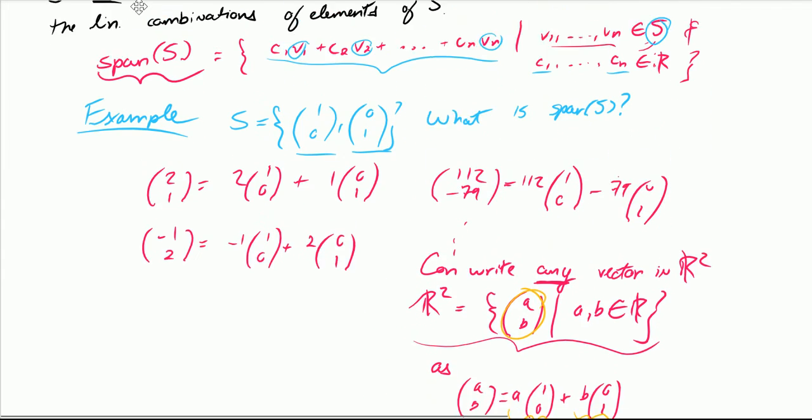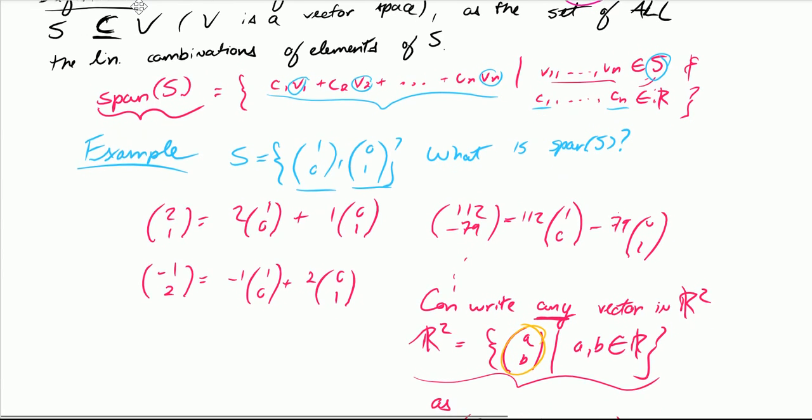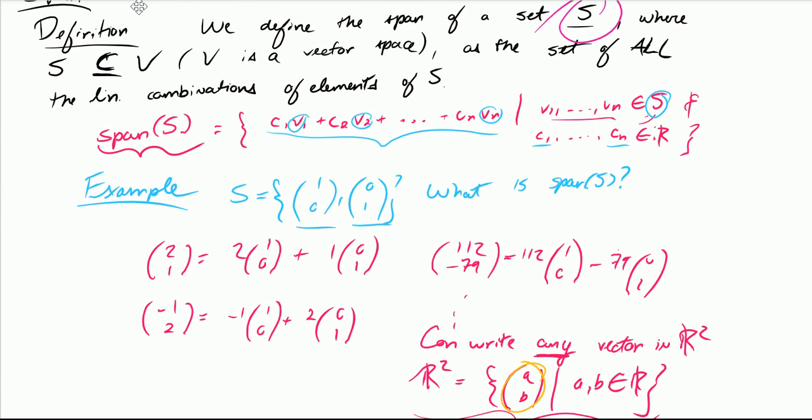So that's the basic definition of what it is for a set to span. To span a set just means that you have the set of all possible linear combinations of the vectors in that certain set.